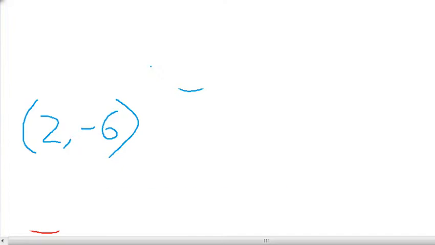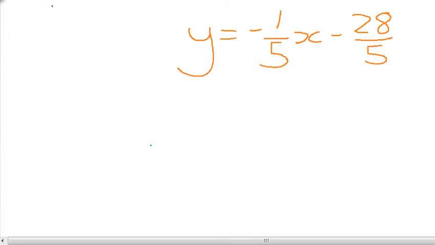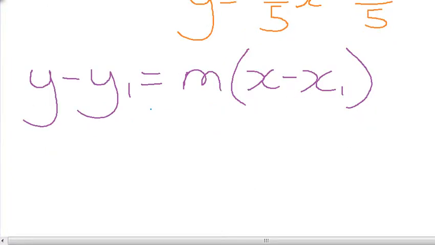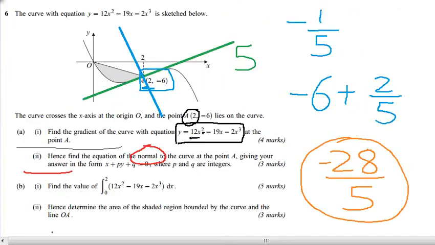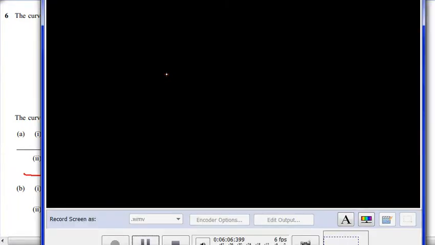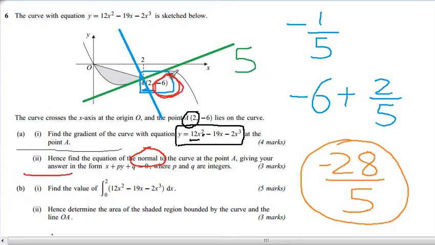So the formula is y minus y1 equals m times x minus x1. So y stays the same. y1 is our y coordinate for point A. The y coordinate is minus 6.